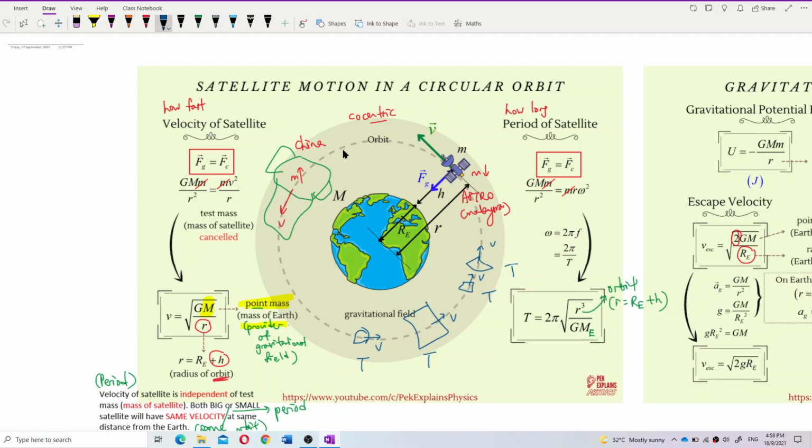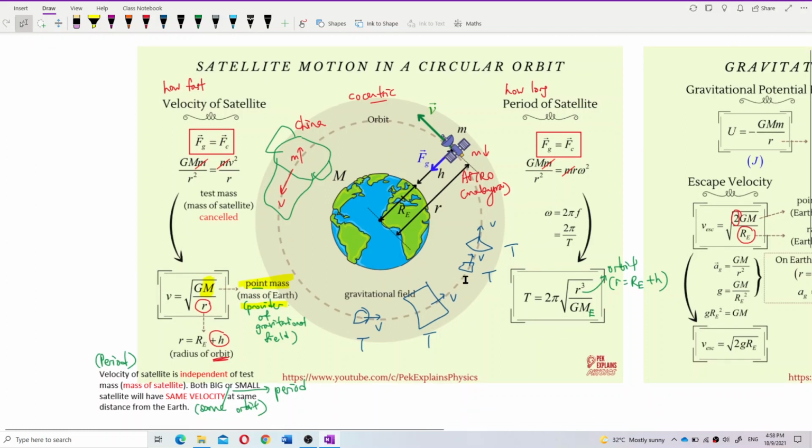Understand? Because they are at the same orbit and the same Earth. They revolve around the same Earth, same point mass, and they revolve around the same orbit, same r, same radius of orbit, same h. So they all have the same period and the same velocity.